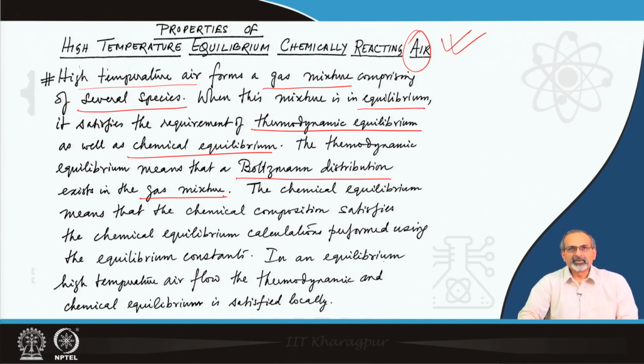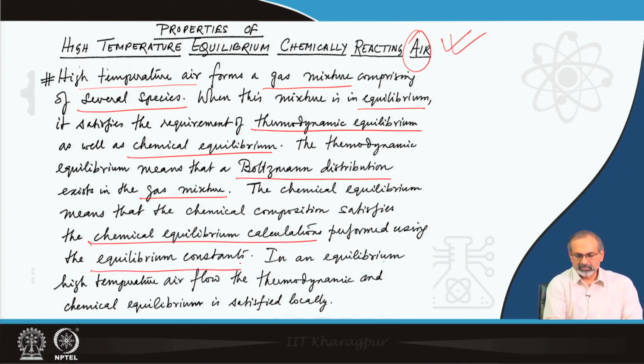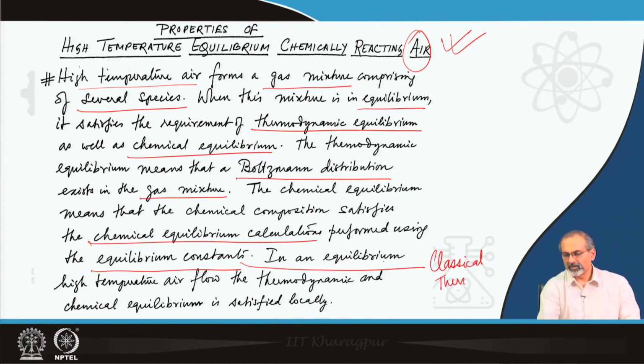The chemical equilibrium means the chemical composition of high temperature air satisfies the chemical equilibrium calculations which we have performed using the equilibrium constants. These constants could be derived from classical thermodynamics as well as statistical thermodynamics.